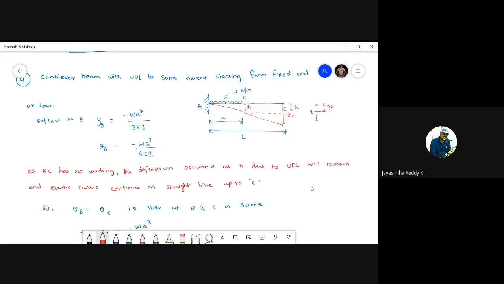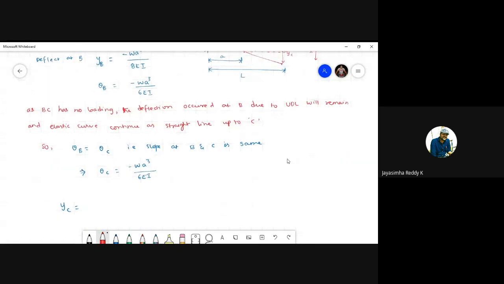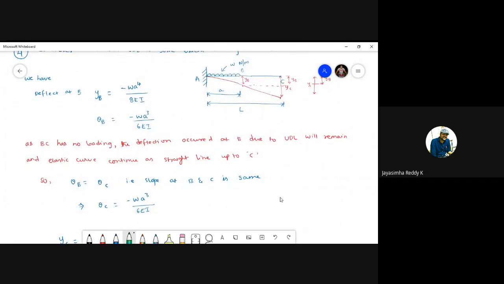So YC becomes YB plus, I need this portion now. Which portion, students? So this is YB plus this portion. What is this portion, students? Here we have got theta B, and this length is L minus A. Am I right?